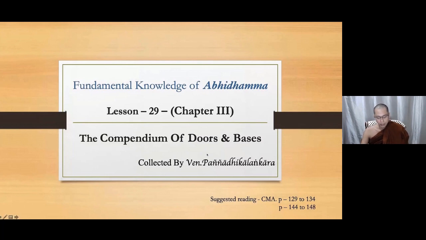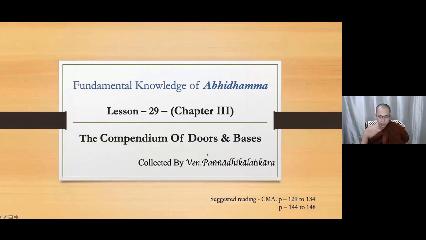The Abhidhamma Sangha mentioned six compendia in chapter 3. We already finished three: the compendium of feeling, the compendium of roots, and the compendium of functions. In Pali, Vedana Sangaha, Hetu Sangaha, and Kicca Sangaha are finished.